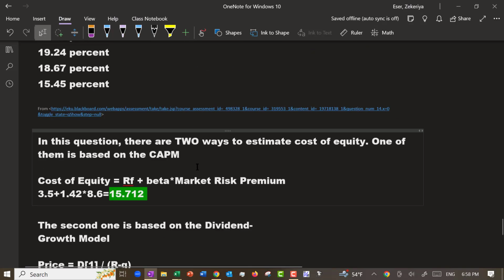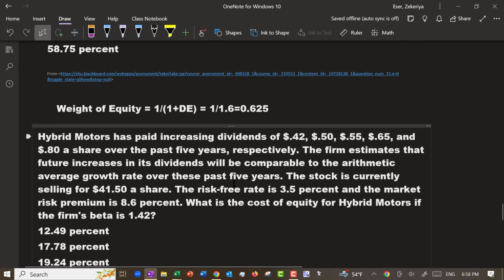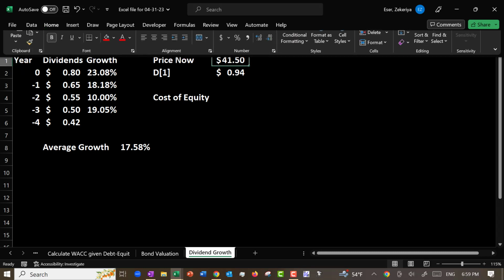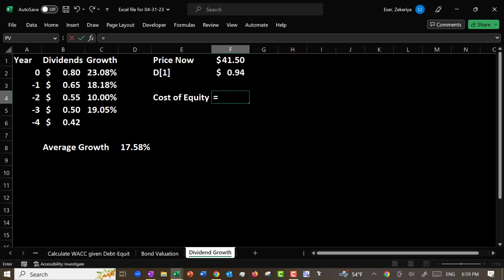Price now is 41.50. So cost of equity is growth plus dividend yield.